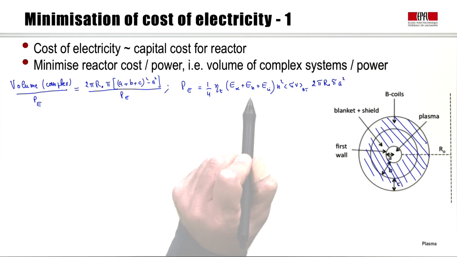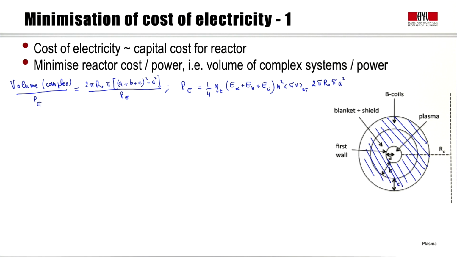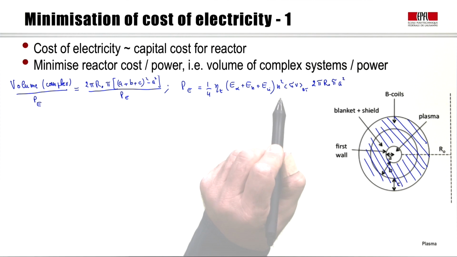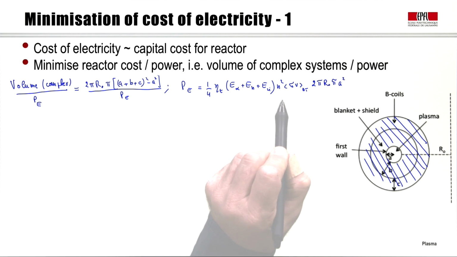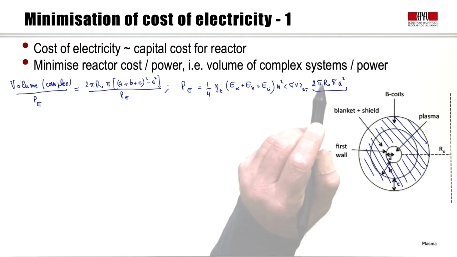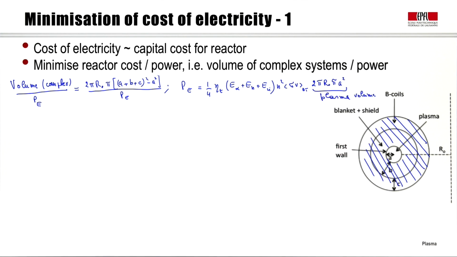So that's the energy of the alphas, the energy of the neutrons, and the energy produced in the tritium breeding reaction in a blanket with lithium-6, times n squared, the density squared, the fusion reaction rate, and of course the plasma volume.